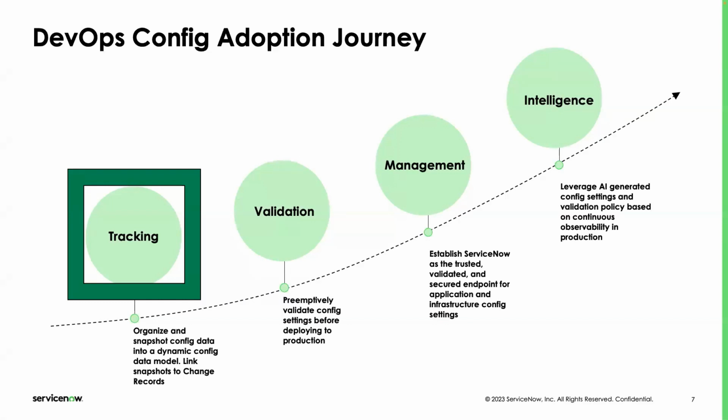So anytime it changes, we're able to capture that data in flight. Now, validating it is extremely valuable as well, because if something is invalid, we'd want to know it. We want to actually stop that pipeline to prevent bad config settings from being deployed to production.